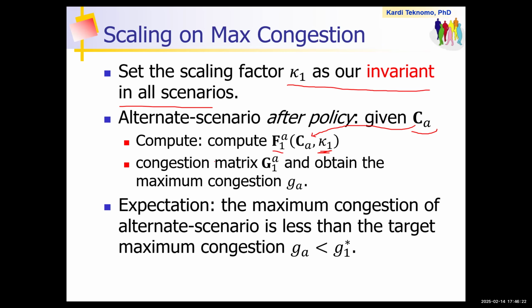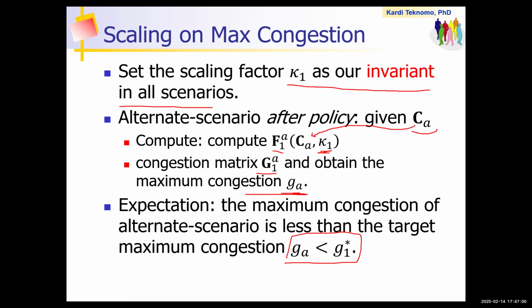Of course, our expectation is that the alternative scenario after a certain change must be better than the base scenario. So say after this you get G1, and the maximum congestion of the alternative is called GA. Your expectation is that the maximum congestion of the alternative scenario must be less than the target maximum congestion.